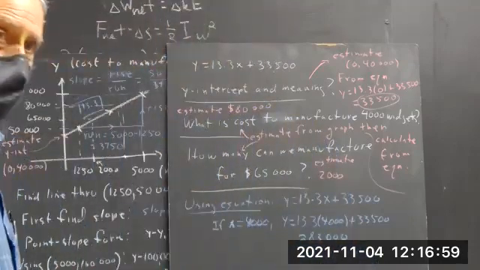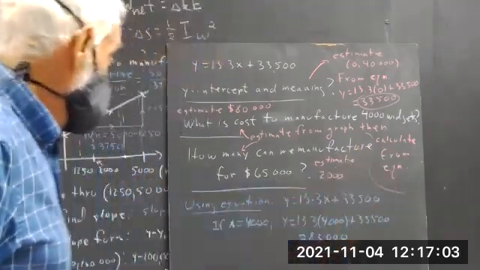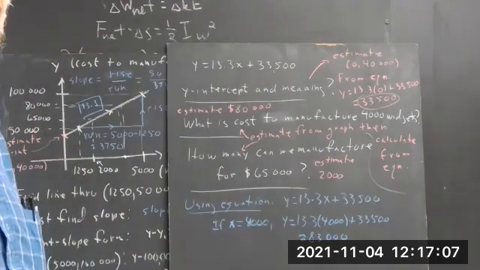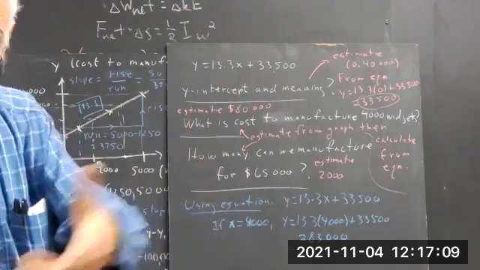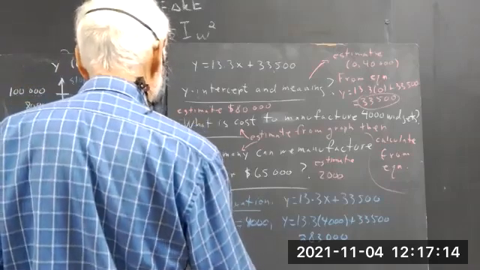I'm not going to worry about arithmetic, but that's how you do it. You just plug it in and work it out. It's pretty close to the 80,000 that I estimated. Okay, and your estimate also came out pretty good.